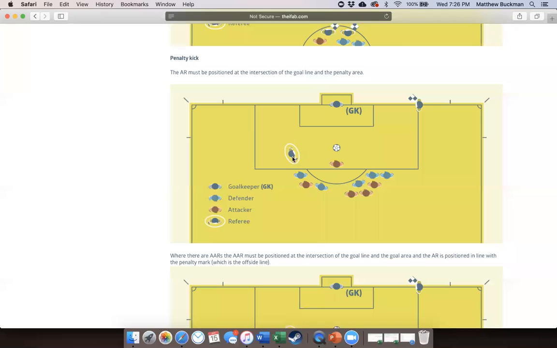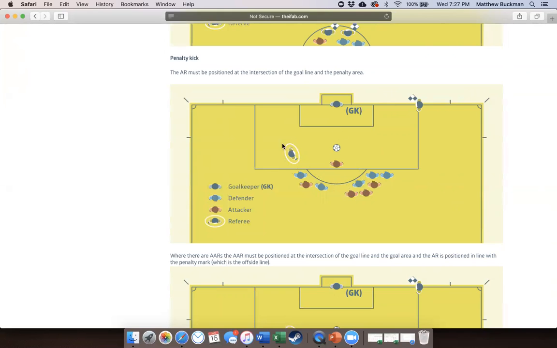And so it's the referee's duty when standing here to keep their eye on the players outside the penalty area. You see a lot of referees take a slightly wider position than this up here so that they can see all of the players along this boundary line and know if anybody runs into the penalty area too soon.